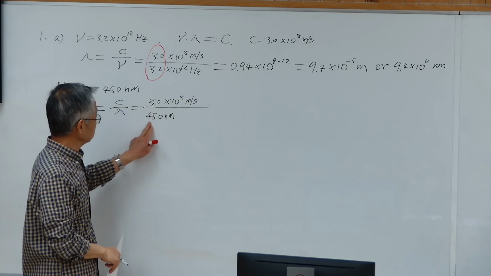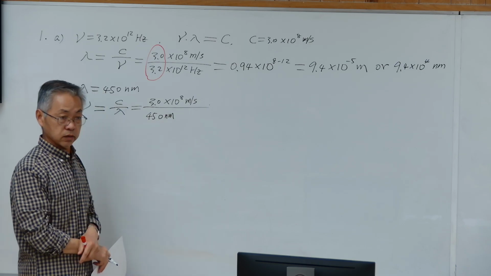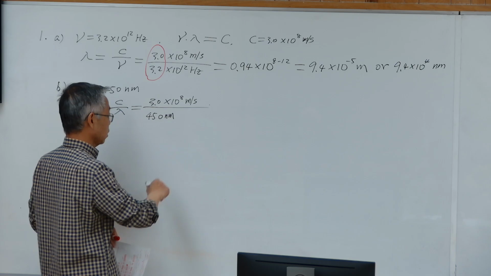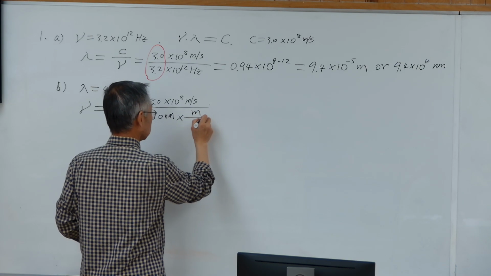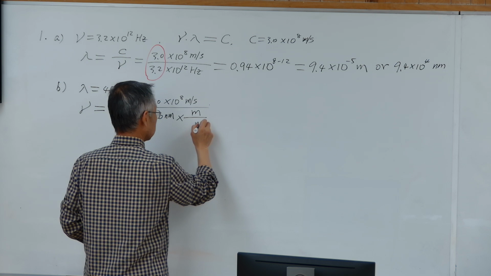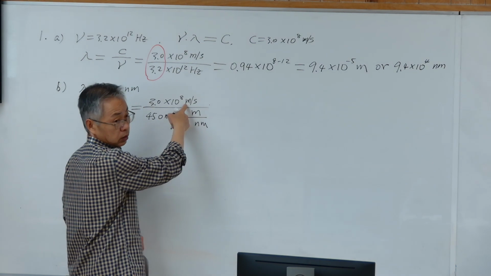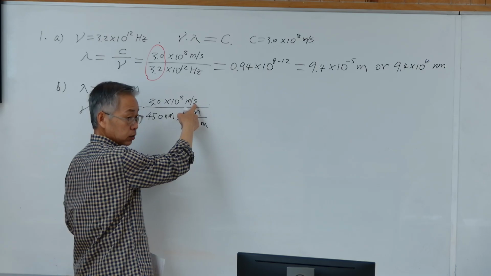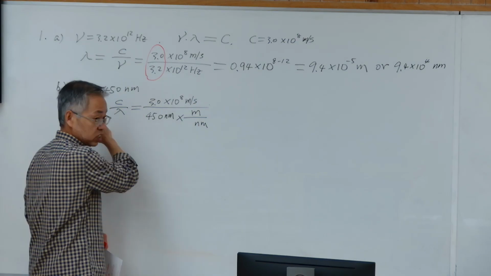You cannot use this directly because nanometer and meter cannot cancel, so you need to convert nanometer into meter. Meter on top, nanometer on the bottom. Nanometer cancels, leftover meter, this meter cancels the other meter, leftover per second, which means hertz, the unit for frequency.